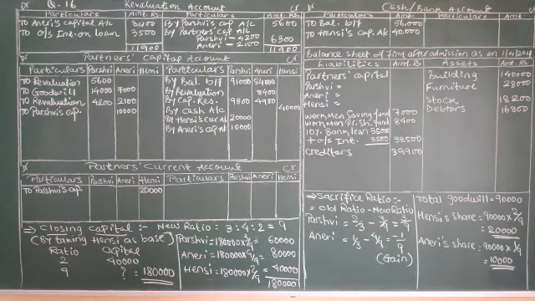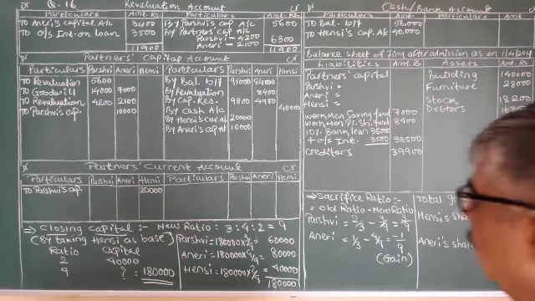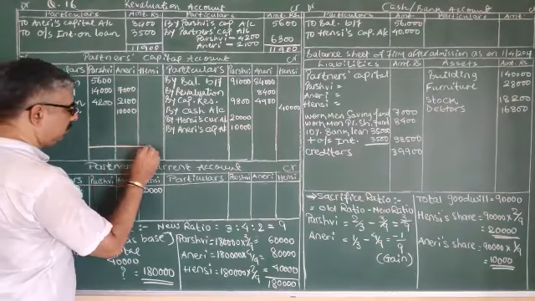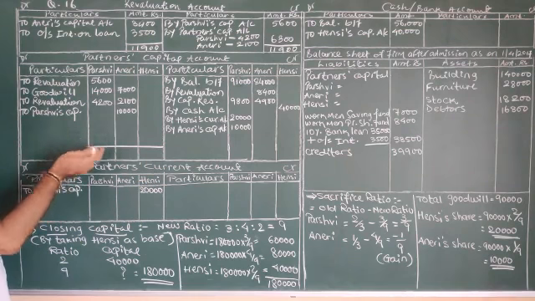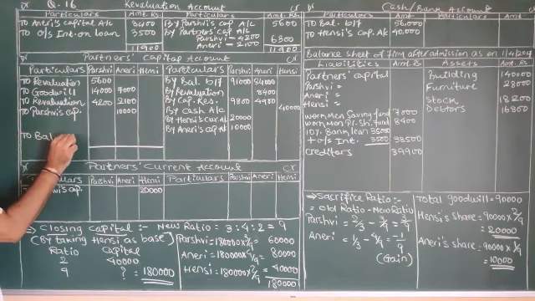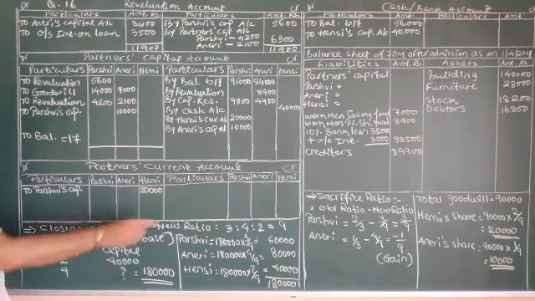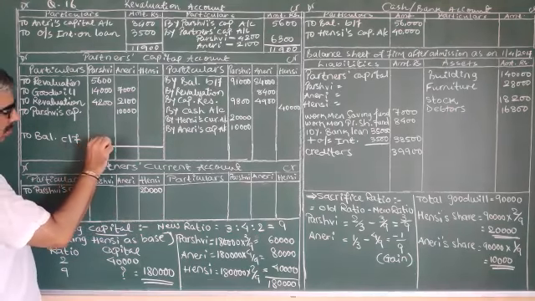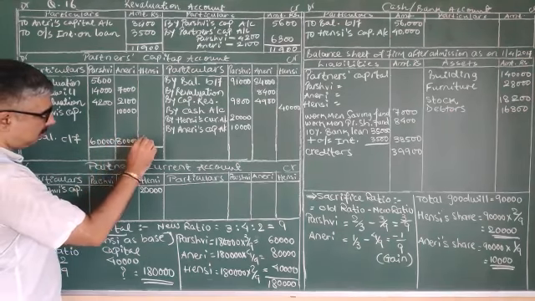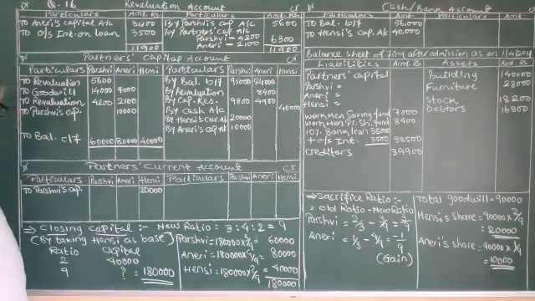What to do now? Very simple. This is your closing capital. So closing capital should be written over here above the total, as balance carry forward: 60,000, 80,000, 40,000.